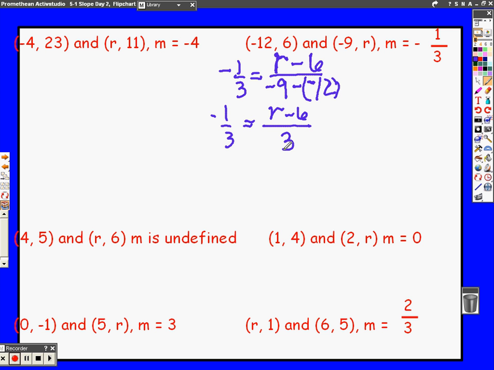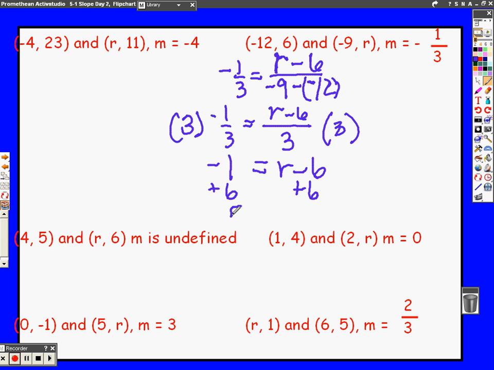So I'm going to multiply by 3. Remember, that will undo your fraction. So if I multiply both sides by 3, I end up with -1 equals r minus 6. Then to solve for r, I just add 6, and I end up with 5 equals r.